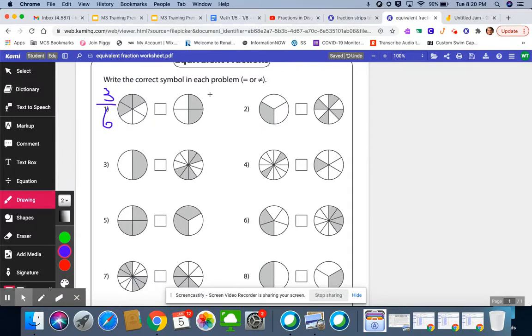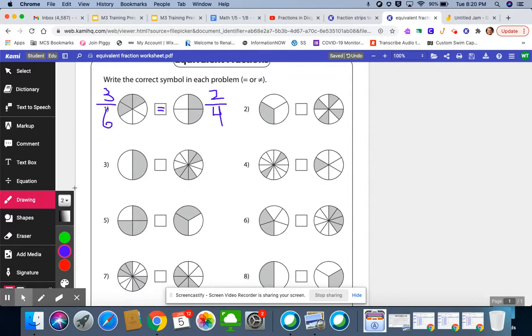And this one is the fraction 2/4. So we need to know, is this an equivalent fraction? Well, looking at this picture, half of it is shaded here and half is shaded there. So yes, it is equal. You can also look at it here as well. 3 is half of 6 and 2 is half of 4. So that's an easy way for you to check it.